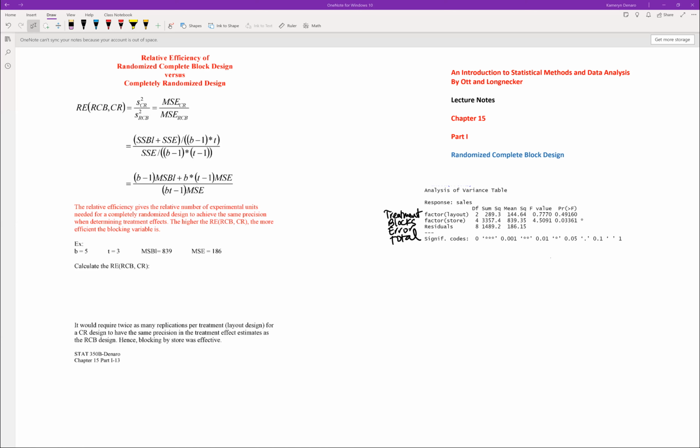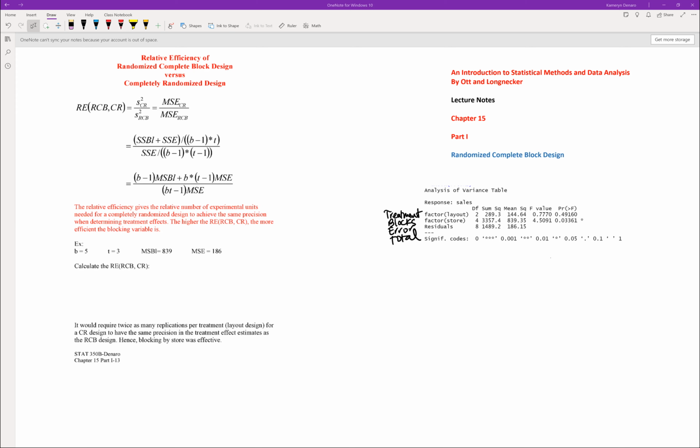In this video, we're going to talk about the relative efficiency of randomized complete block designs versus a completely randomized design. Essentially, we're asking for a calculation of the relative number of experimental units, or if we're studying people, the relative number of subjects needed for a completely randomized design to achieve the same precision when determining treatment effects.